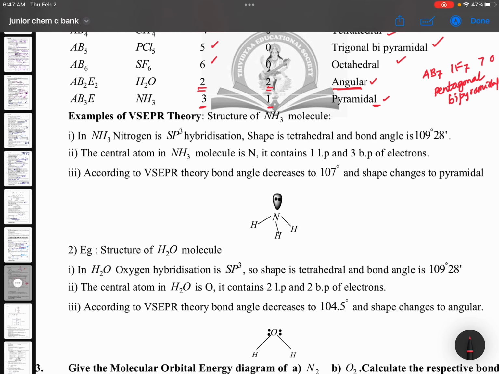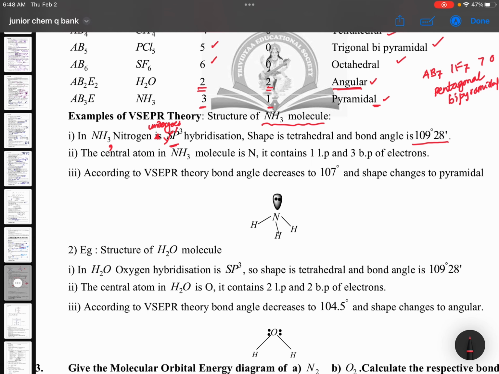General question is, they ask you to explain ammonia molecule. In ammonia, nitrogen is sp3 hybridization. Nitrogen atom undergoes sp3 hybridization. Shape is tetrahedral and bond angle is 109 degrees 28 minutes.